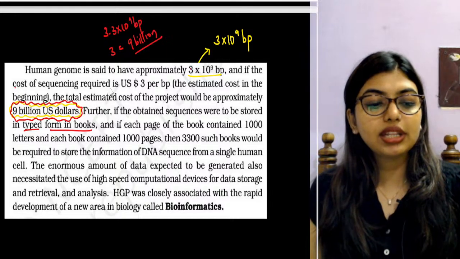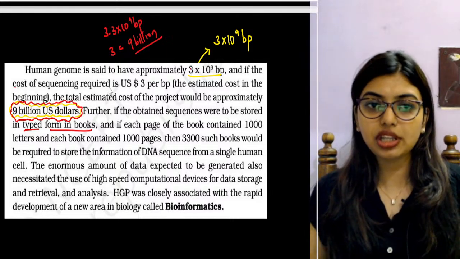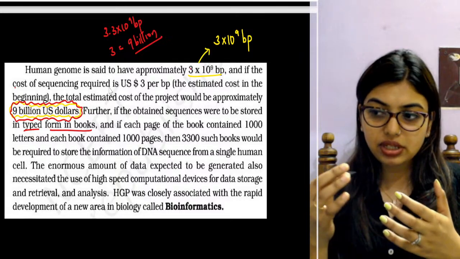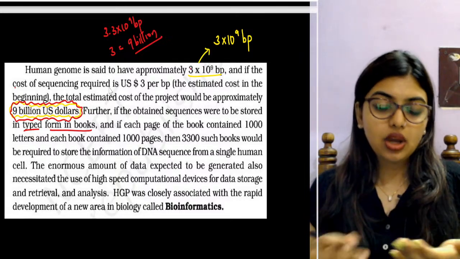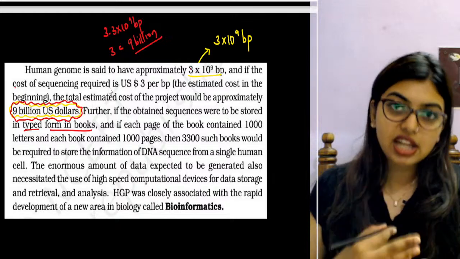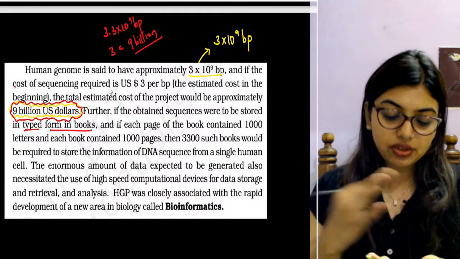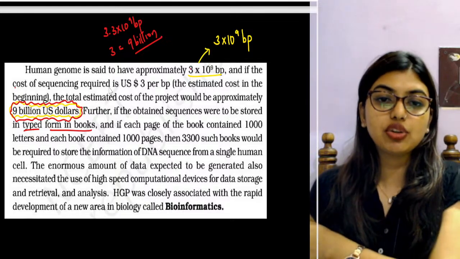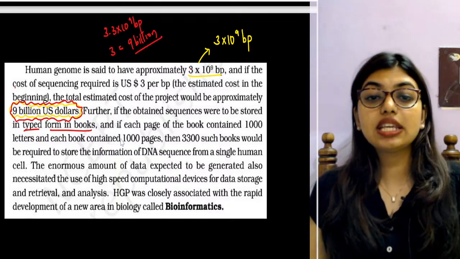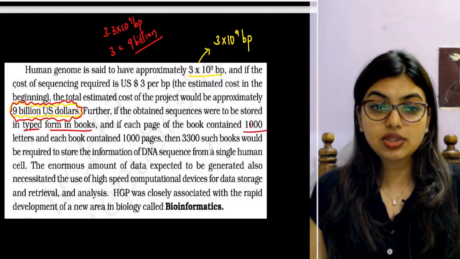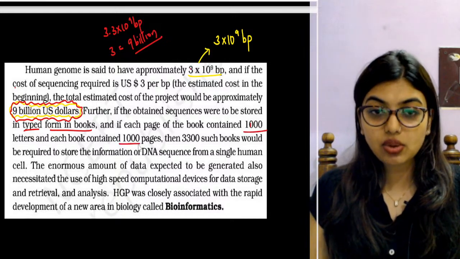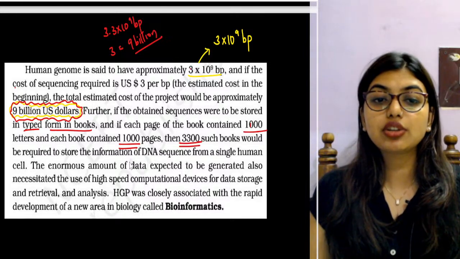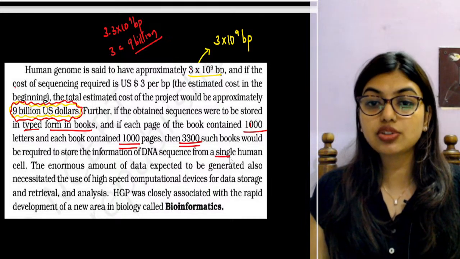Now, after doing that, we have to store this information and keep it. Imagine each individual has a book of their genome. They have a haploid content of the genome of 3.3 into 10 to the power 9. Then how many books would we need? If each page of the book contained 1000 letters and each book contained 1000 pages, then 3300 such books would be required to store the information of a DNA sequence of a single human.